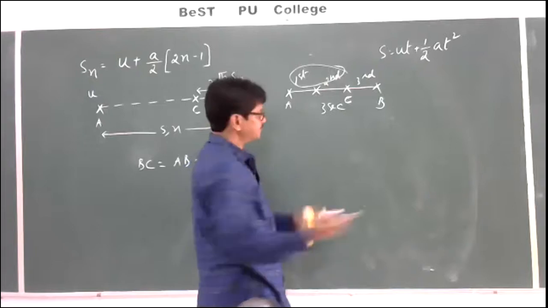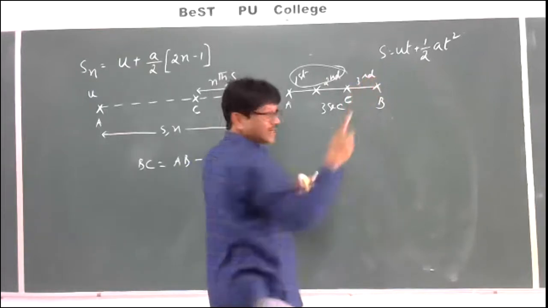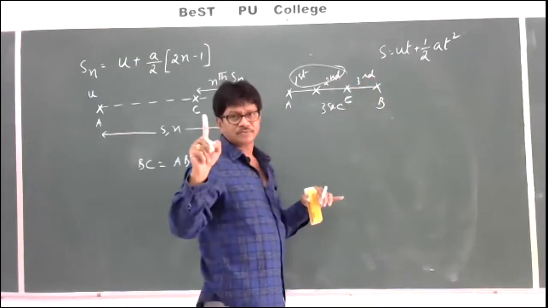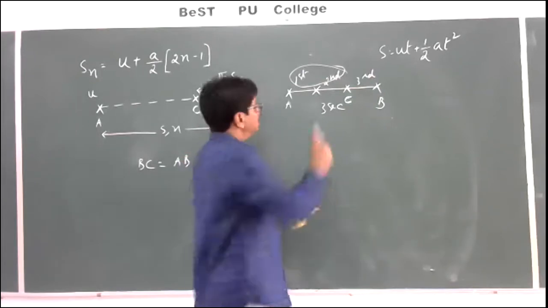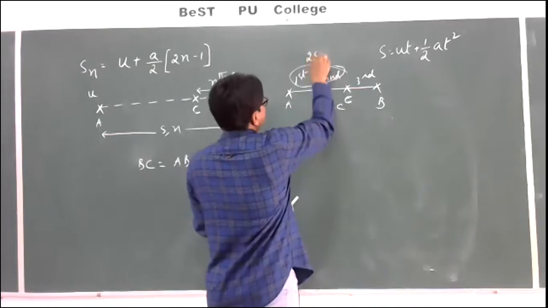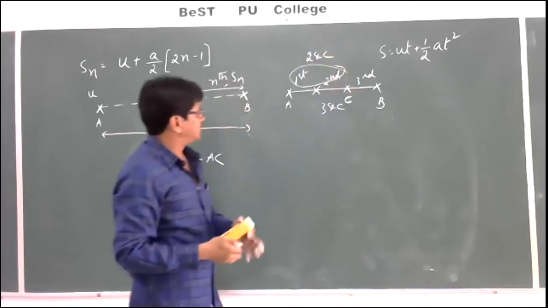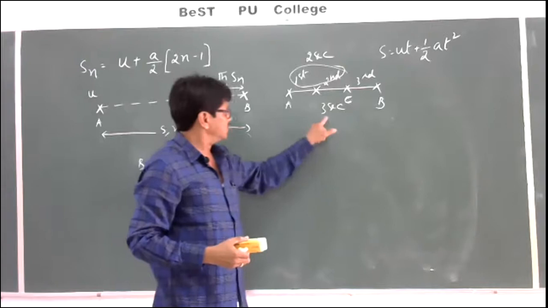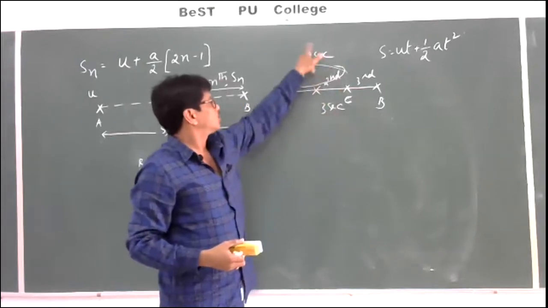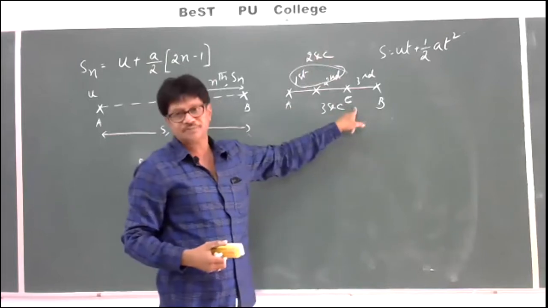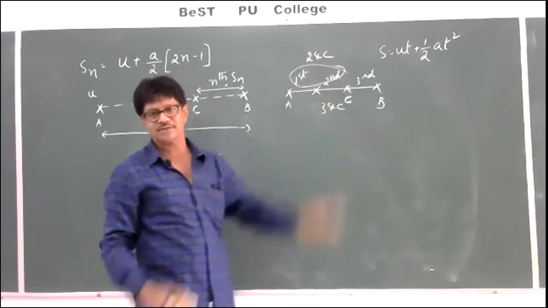Is it right or not? Because the third second is only 1 second. So if it takes a time of 3 seconds to travel from A to B, it takes a time of 2 seconds to travel from A to C.